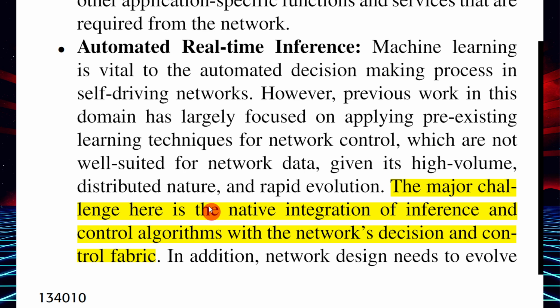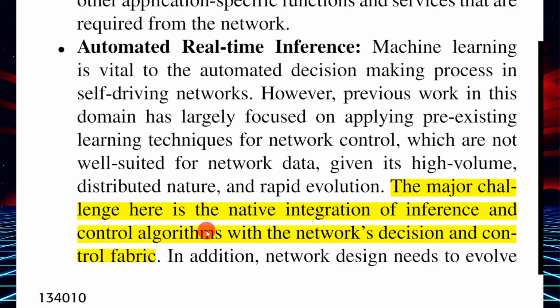Second, automated real-time inference. Machine learning is vital to the automated decision-making process in self-driving networks. However, previous work in this domain has largely focused on applying pre-existing learning techniques for network control, which are not well suited for network data given its high volume, distributed nature, and rapid evolution.